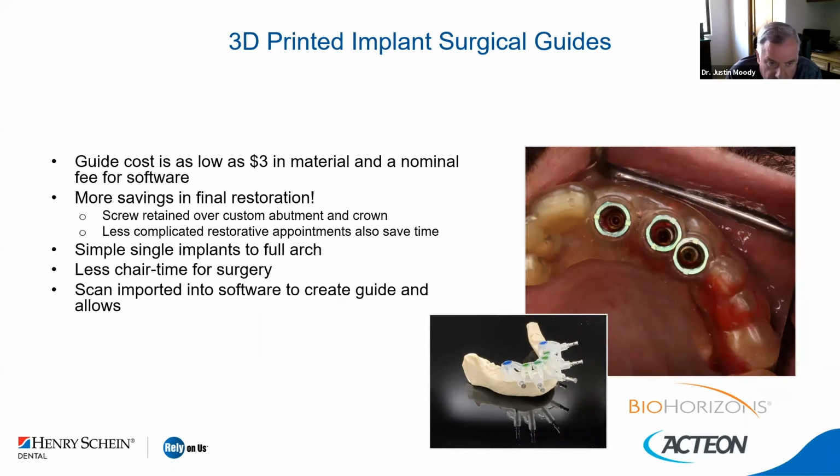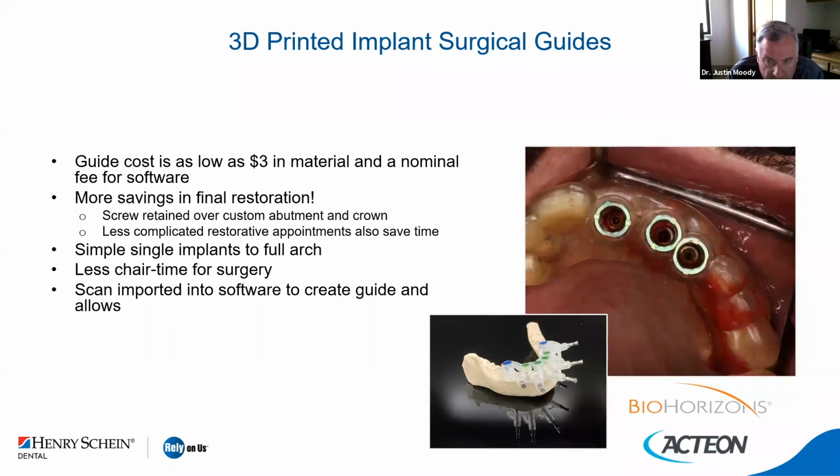It's important that you use authentic sleeves and connections and parts, especially when you're talking about guided surgery, because with guided surgery, yes, they may be parallel, they may be in the right restorative positions, but if we don't have a system to allow for the drills to be in the perfect positions, the perfect depths, then we lose many of the advantages of our surgical guide.